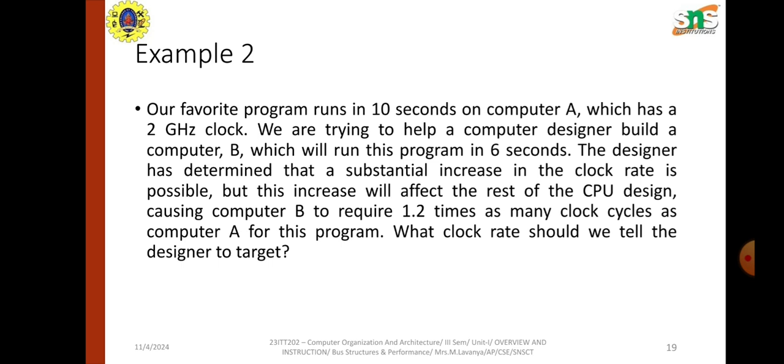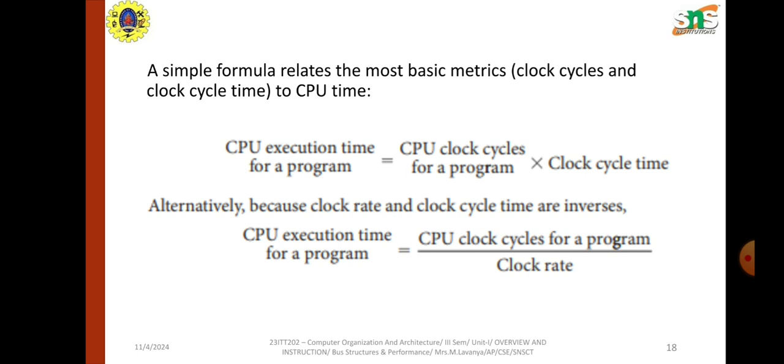And the designer has to determine the increase of clock rate which is possible, which will affect the rest of the CPU design, since computer B requires 1.2 times as many clock cycles as system A. Thus the clock rate the designer must target has to be found out by using the previous formula which we have seen.